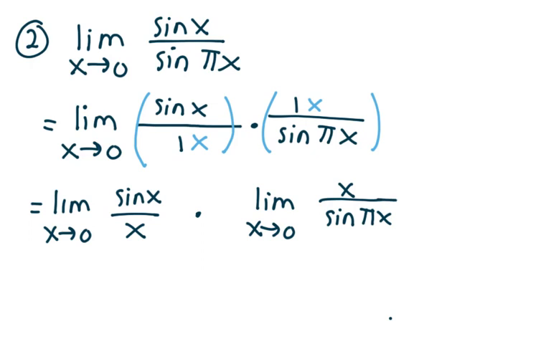So let's take a look at it in pieces. Now, as x goes to 0, sine x over x goes to 1. So we have a 1 there. Now, the argument for the sine is pi x, and so I need the numerator to have a pi x in it. And so to do that, I'm going to put a pi there.